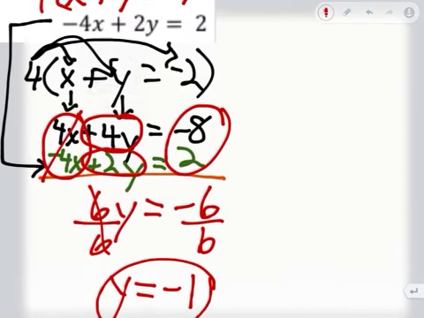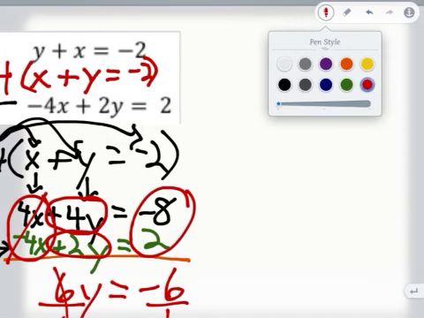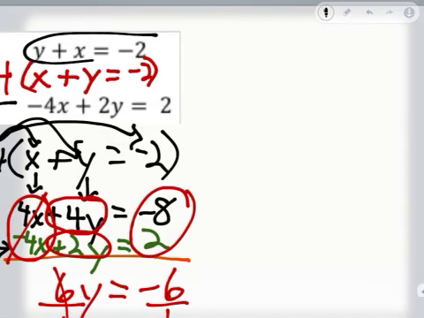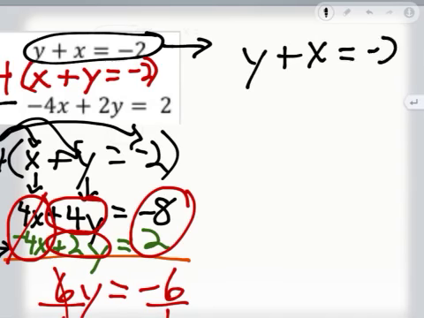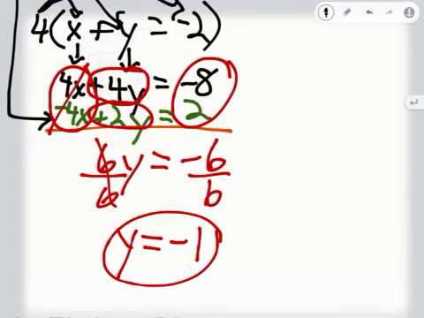Now I can go back to one of my original equations. I can pick any one I want, so I'm going to pick the top one: y plus x equals negative 2. I'm going to substitute negative 1 for y, because that's what y equals.